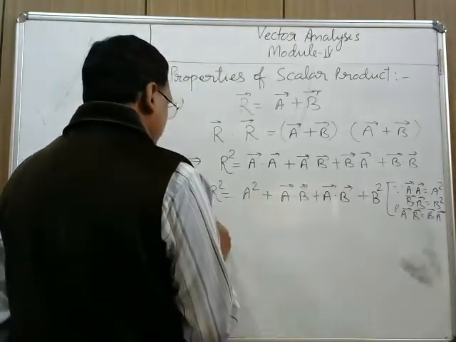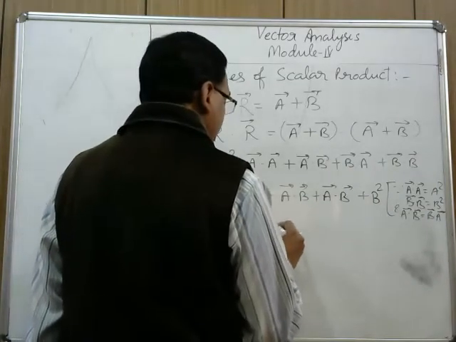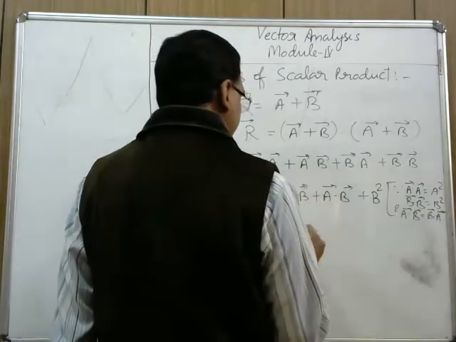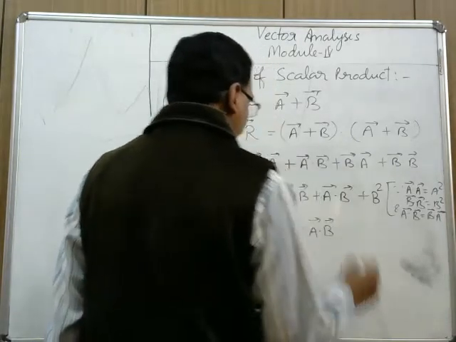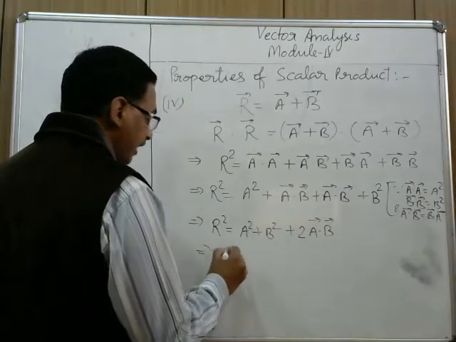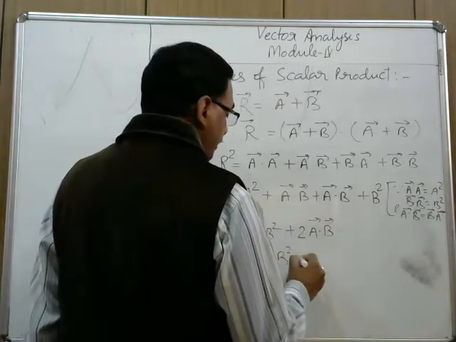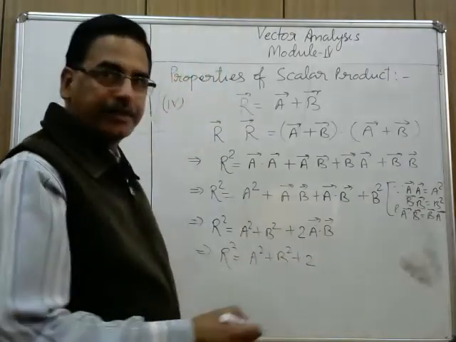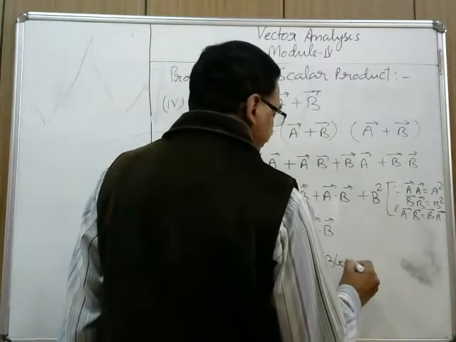So this is R square. I am rearranging: A square plus B square, and this A dot B plus A dot B is 2 A dot B. This implies that R square equals A square plus B square plus 2 A dot B, and by the definition of scalar product, A dot B is AB cos theta.